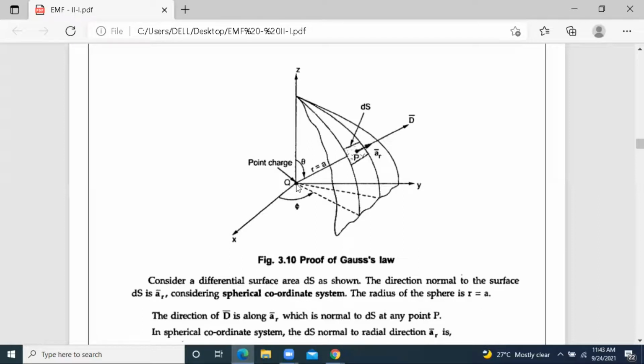Because if your charge is here and you have your cube, the electric field at the corner up here is going to be different from at the side, and so on as you go around. So you know that the field from a point charge is going to radiate outward. So the simplest Gaussian surface to work with would be a sphere, right?